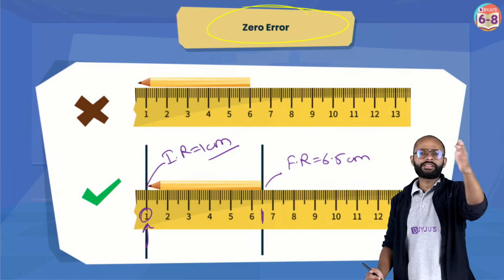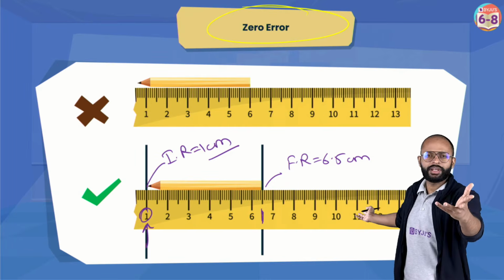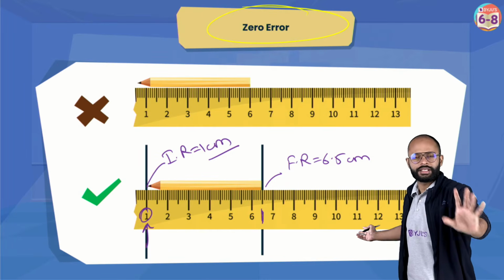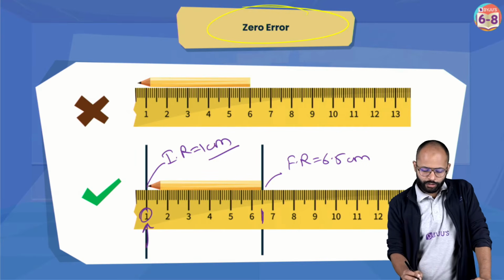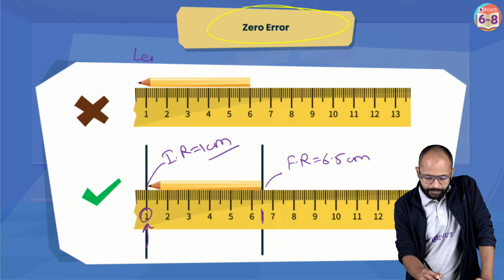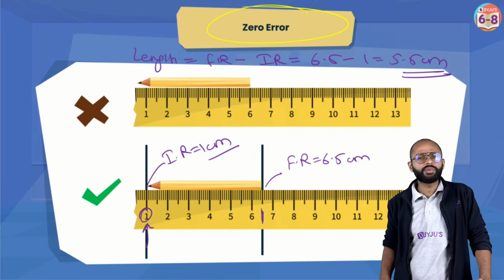Final reading minus initial reading. You have been doing this for the whole time. It's just somebody will ask you to write it in exam. बस इतना ही difference है. तुमको पता सब कुछ है, बस लिखने को बोला जाएगा. Correct? So your length of pencil will be final reading minus initial reading, that is 6.5 minus 1, that is 5.5 centimeters. Simple. Very simple.